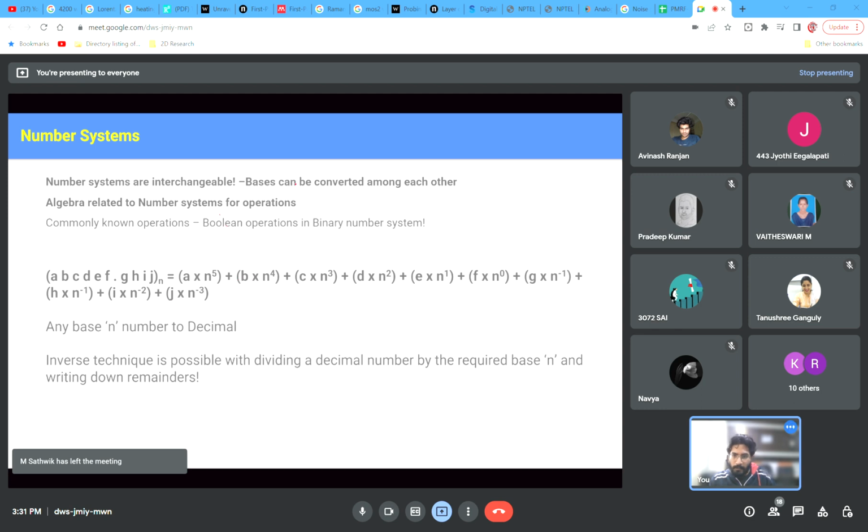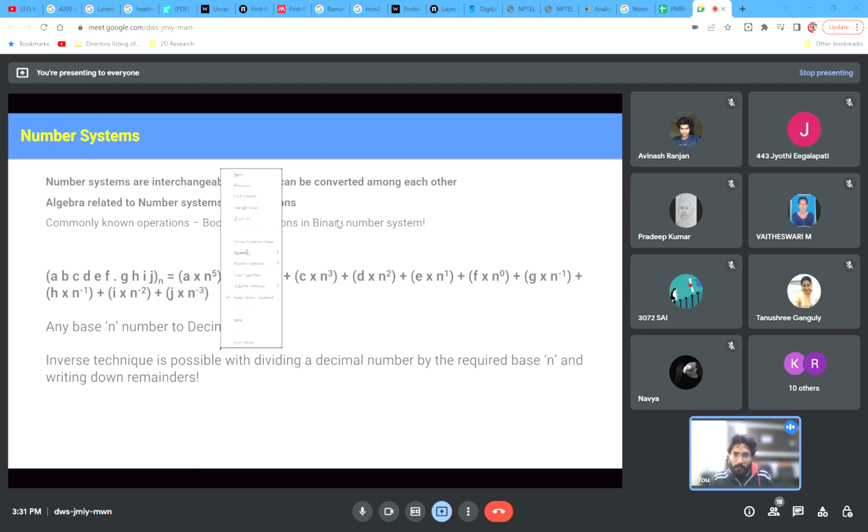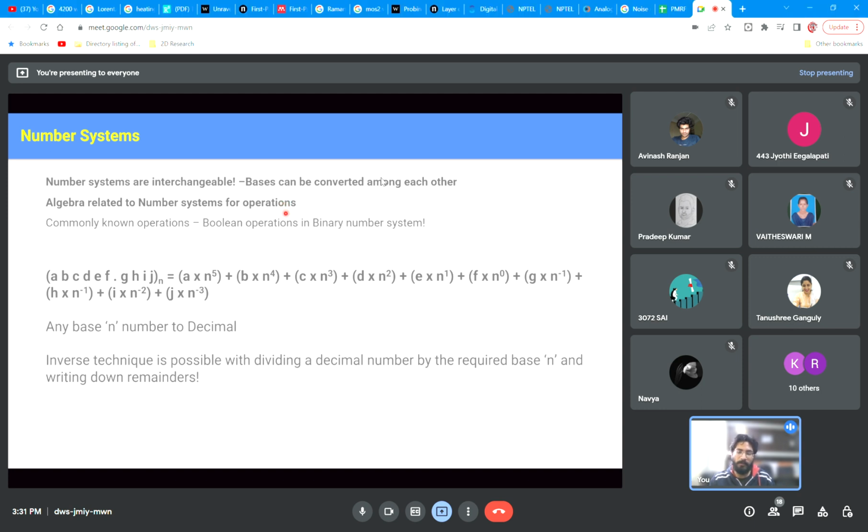And this was the part where I hope you had finished this week, that number systems are interchangeable. So bases can be converted among each other, and as we have seen in the previous problem, we converted a base 10 number to a base 3 number. Now base 3 is not that much defined, and it would definitely not be used. But we know how to convert these things.